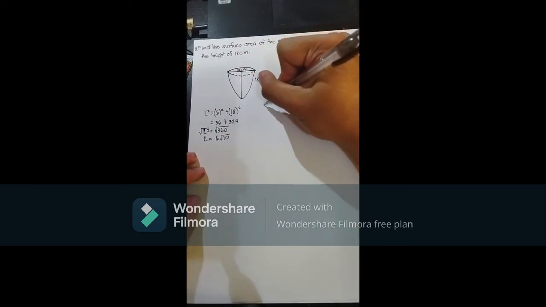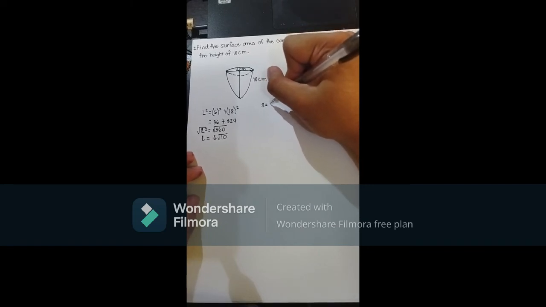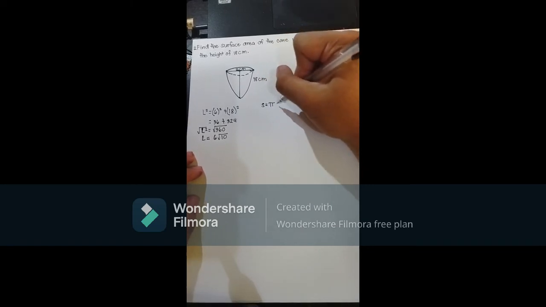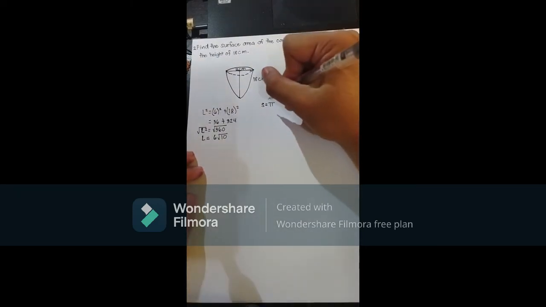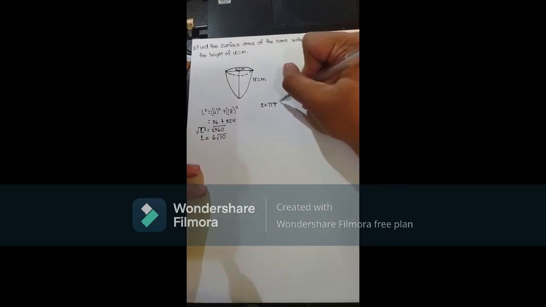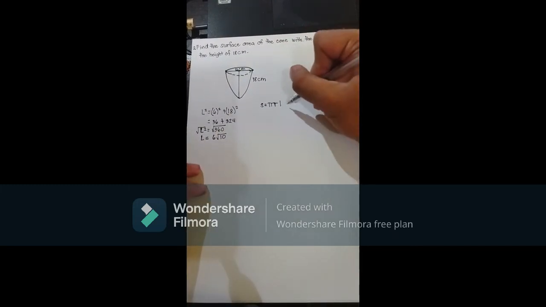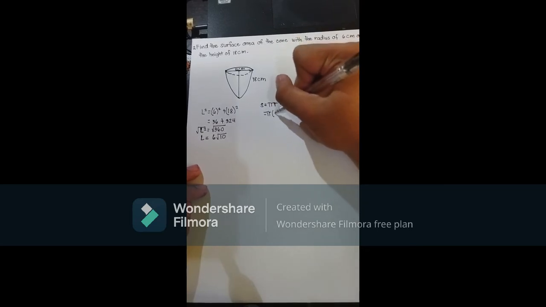Now we're going to find the surface area. The formula is equal to pi times the radius times the length plus pi r squared. Now substitute. Pi times radius is equal to 6.